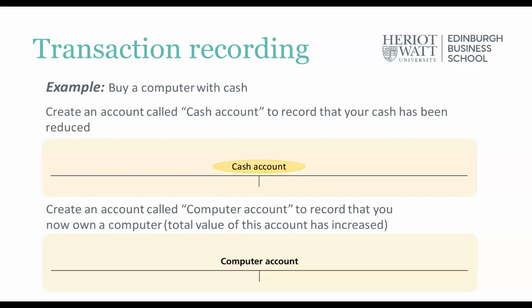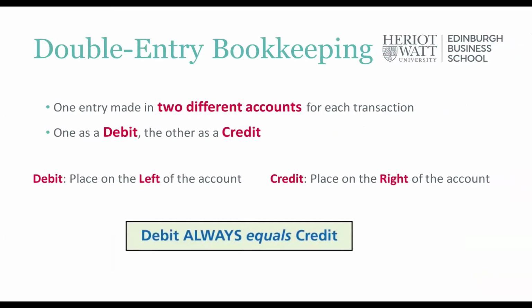Since there are two accounts involved, the computer account is receiving. You have bought a computer, so it has received. Of course, you bought with cash. Your cash account what? Gave. Is that clear? Yeah.